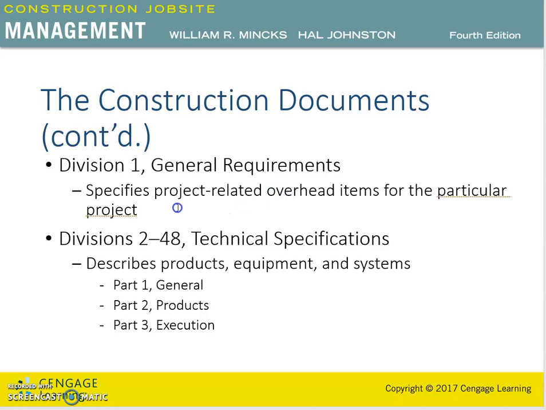These requirements specify the project related overhead items for the particular projects. Whereas divisions 2 to 48 are the technical specifications. These divisions describe the products, equipment, and systems. Each of these divisions will have more than one part, such as part 1 general, part 2 products, and part 3 execution.